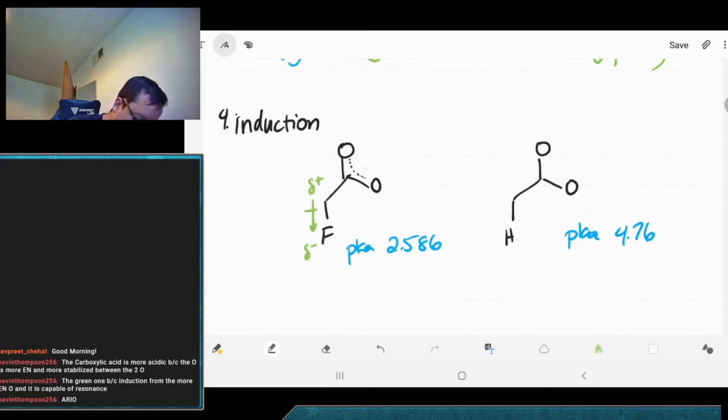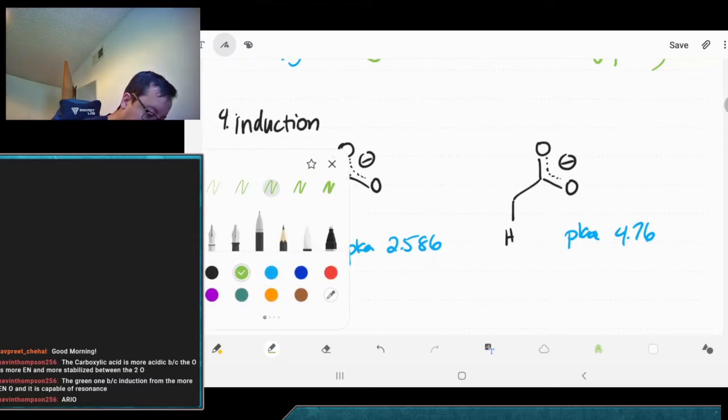When we resonate these, and we end up sharing the negative charge between those oxygens, we now have a negative charge moving in between those two through resonance. Aha, but now we have one of them that's got a nearby partial positive. And as a result, there's kind of this chain effect happening.